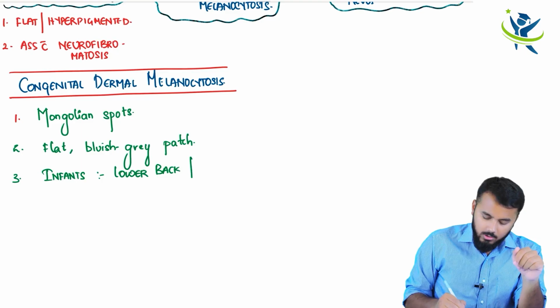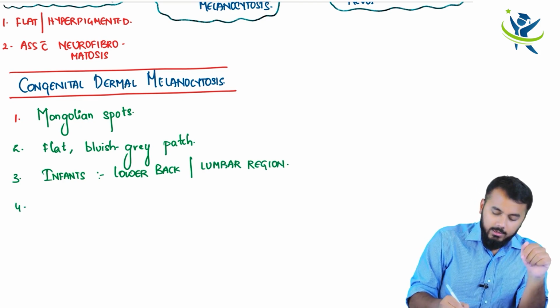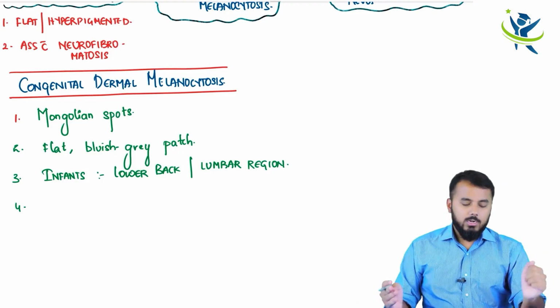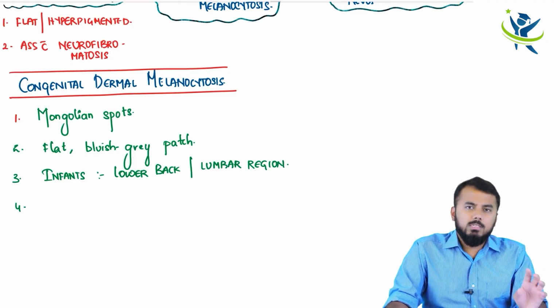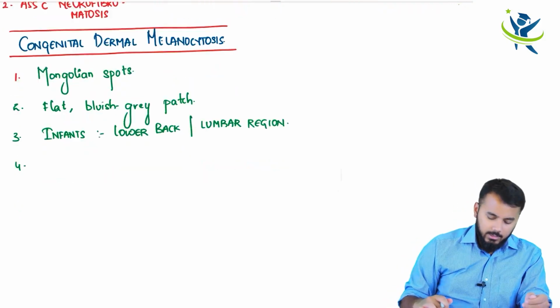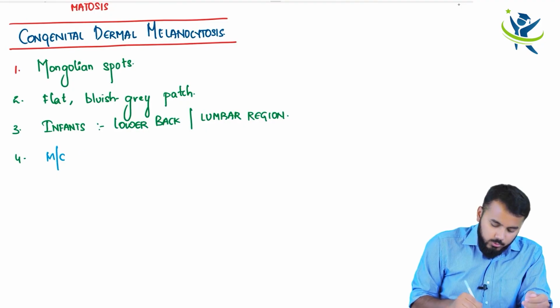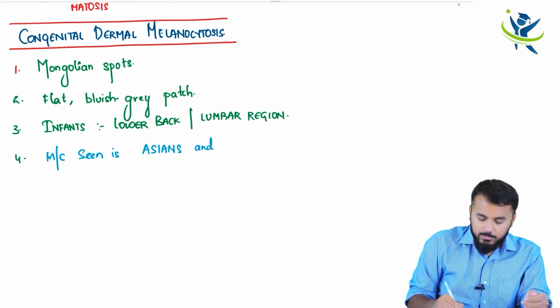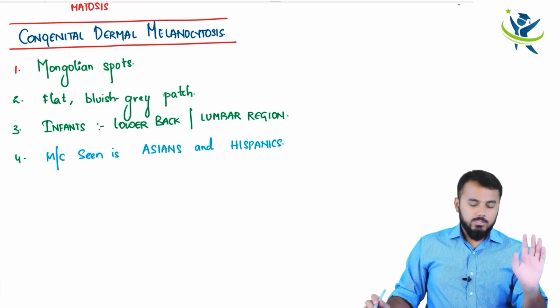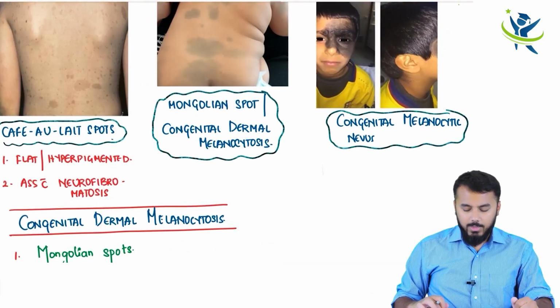Fourth, if you want to remember it, it is your wish, but it is not that important for your exams: congenital dermal melanocytosis is most commonly seen in Asians and Hispanics.